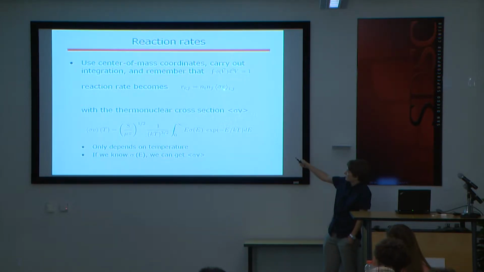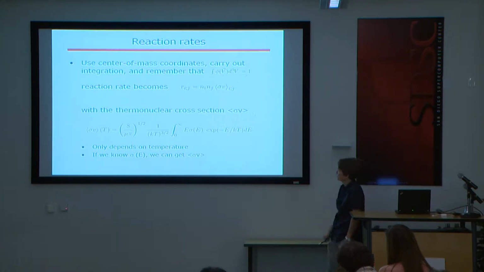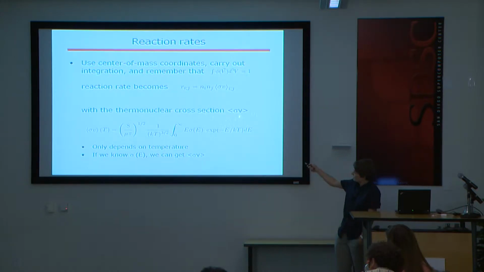There's the cross-section, there's the v for the velocity, and these angle brackets indicate that this is the integral over the velocity distributions of I and J. So your thermonuclear reaction cross-section is written out down here.